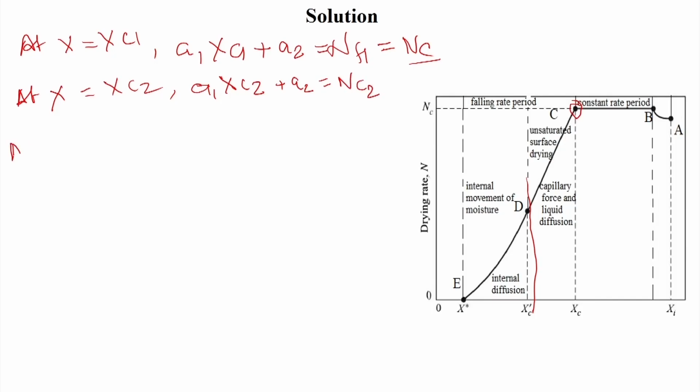Again at x equal to Xc2, NC2 is beta into Xc2 square.